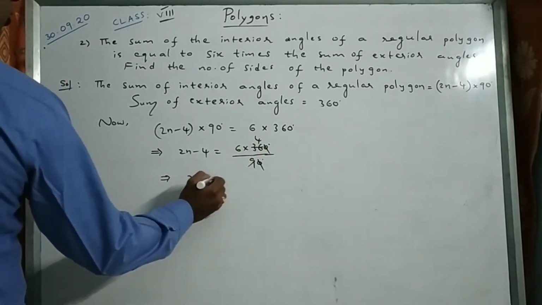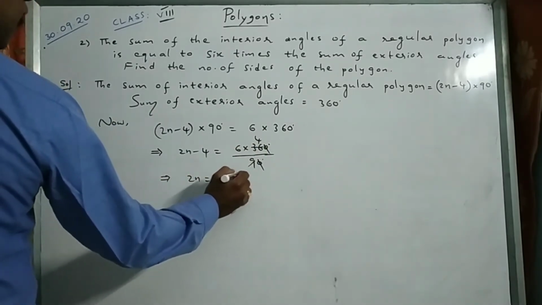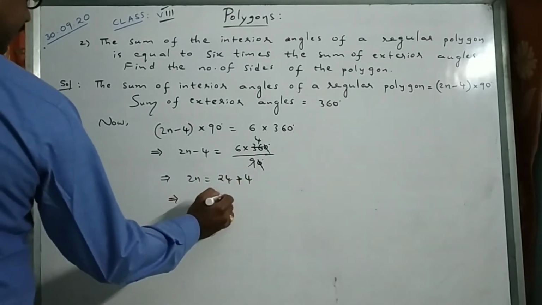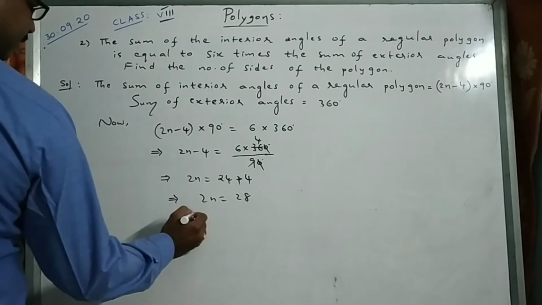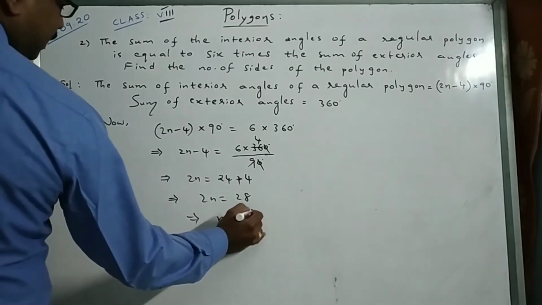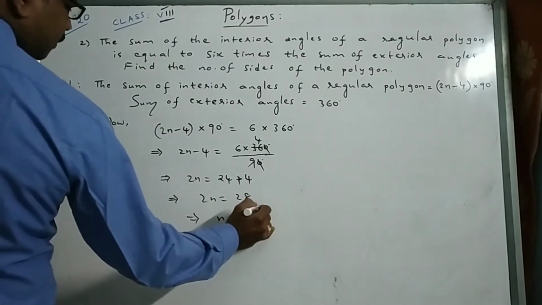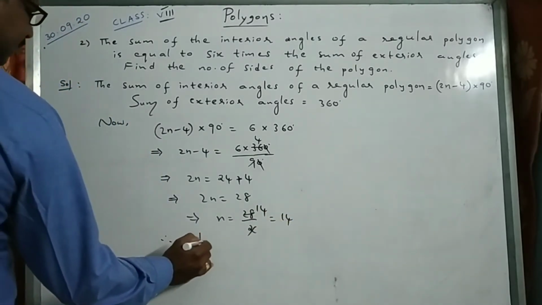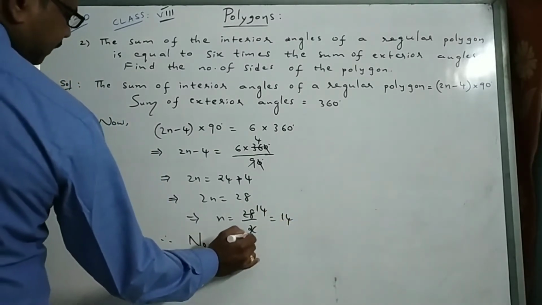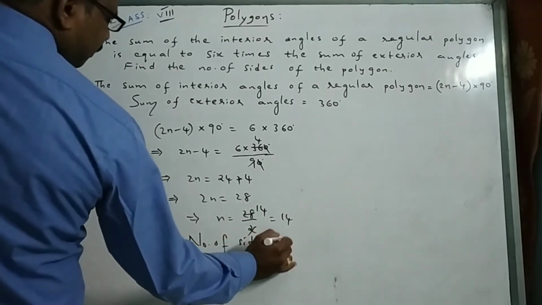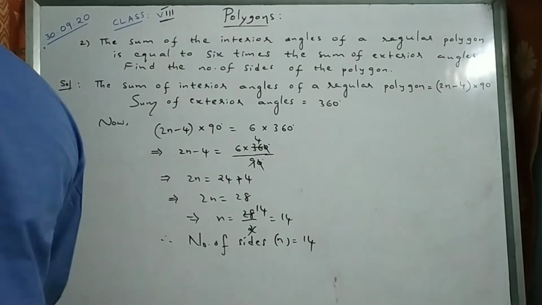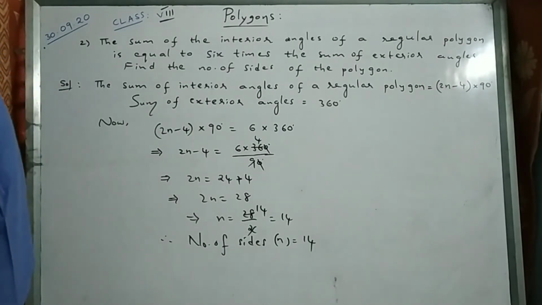So 2n equal to 24 plus 4. 2n equal to 28. So n equal to 28 by 2, 14. So how many sides does it have? Number of sides equal to 14.